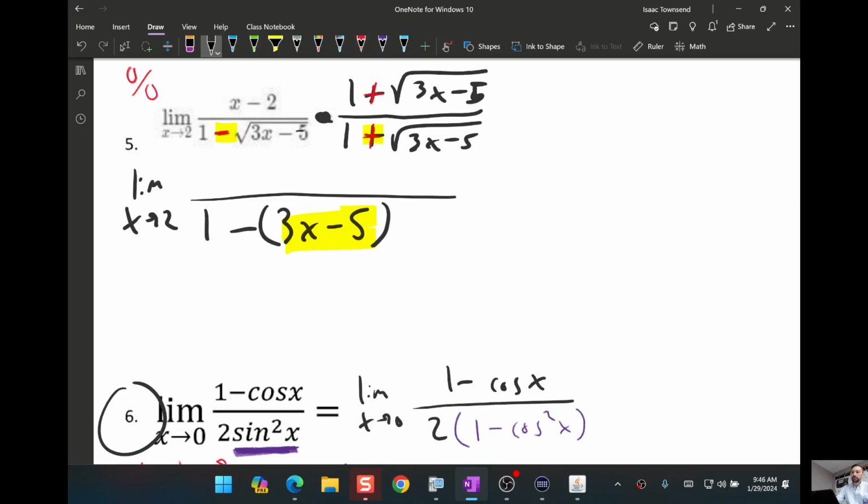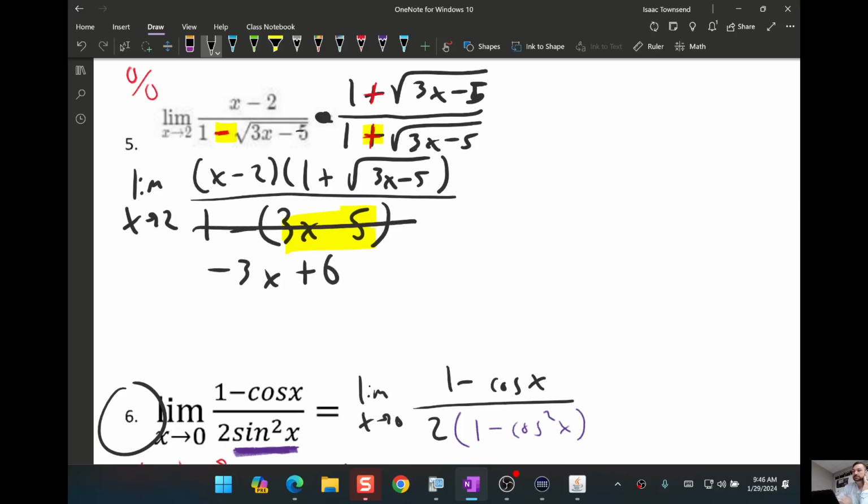So in the top, I've got an x minus 2 times this mess. I'm going to try to avoid doing anything with that if possible. And I'm going to hope that I can make this denominator look like an x minus 2 so I can cancel those out. So if I distribute, I get a negative 3x plus 5 plus this one gives me plus 6. And I could factor a GCF out of that.